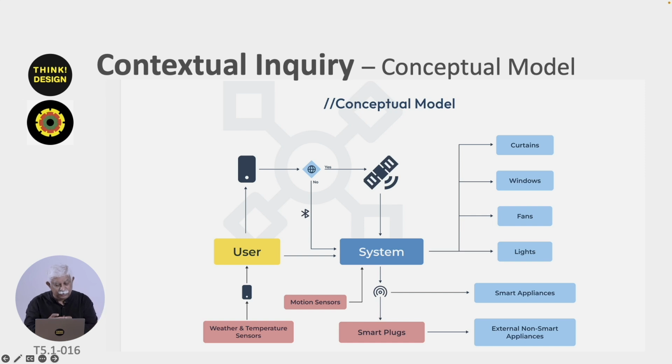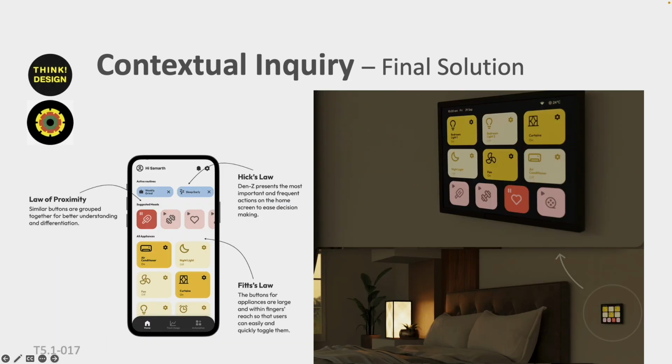Okay, and you need to use smart plugs. Because you can connect a smart appliance, for example, you can connect your mobile to this system, right? It can have a mobile version as well as a physical version, which you can operate, which is, as you can see, next to your bed here.